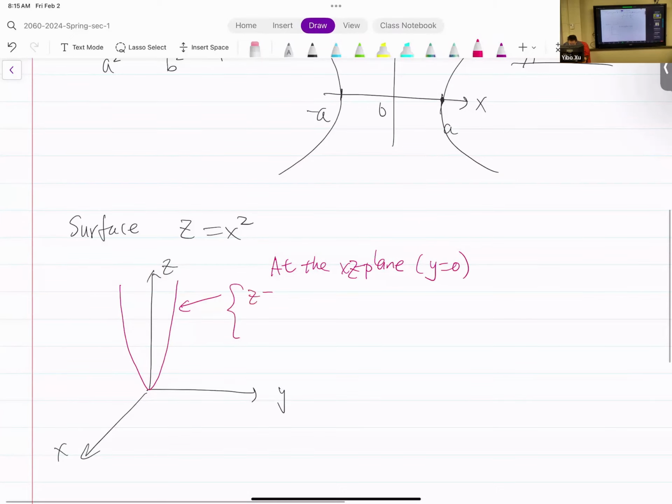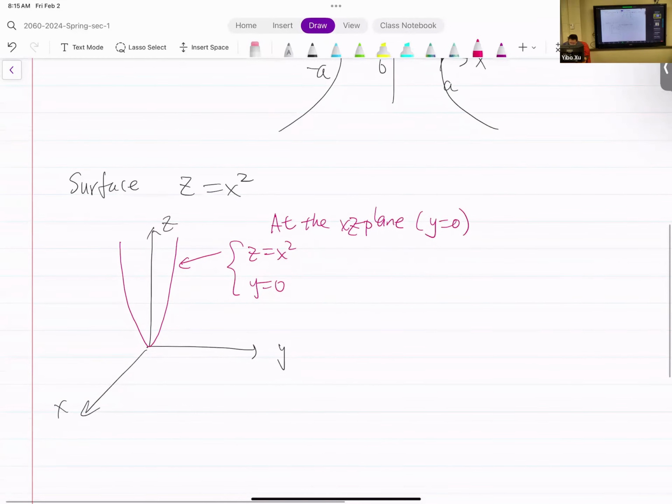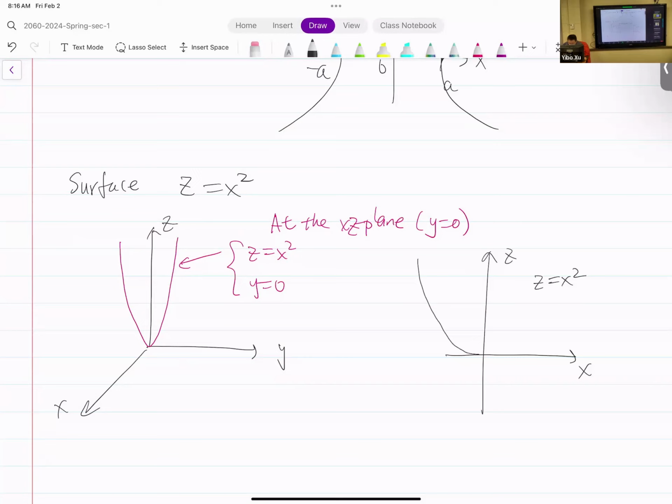So this is z equal to x squared, where you have y equal to 0. If you put this xz plane on the right-hand side, like this, then this is just z equal to x squared, which is the parabola. Looks a little bit fatter.